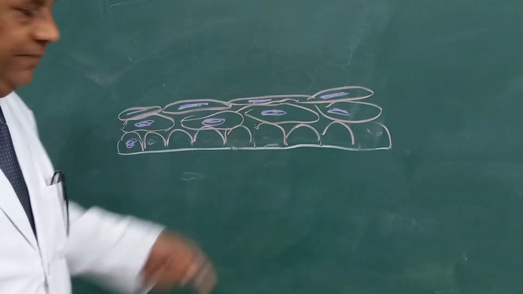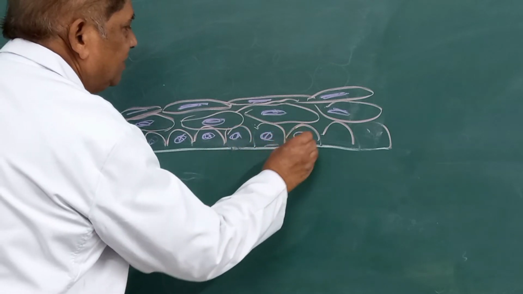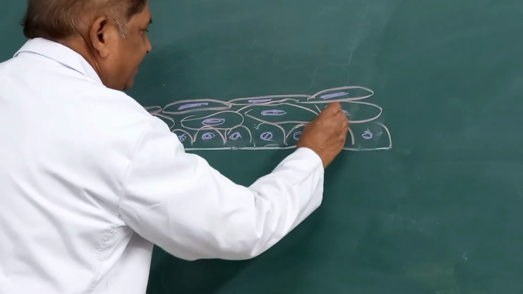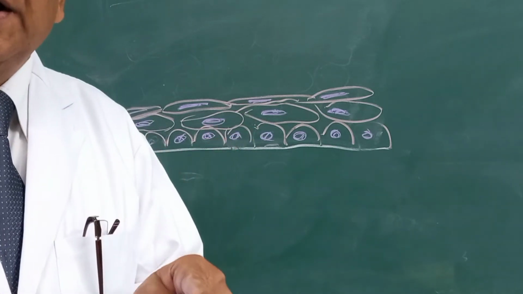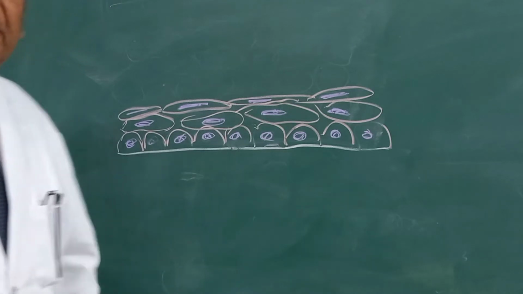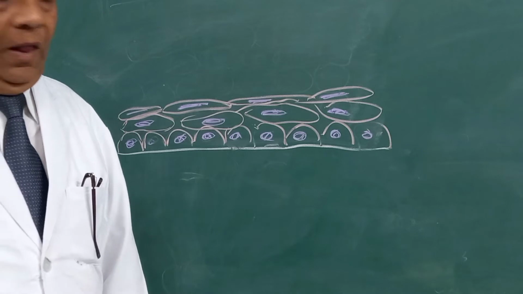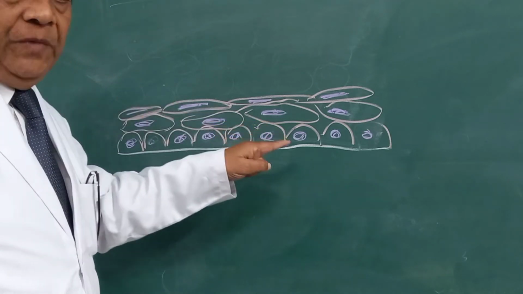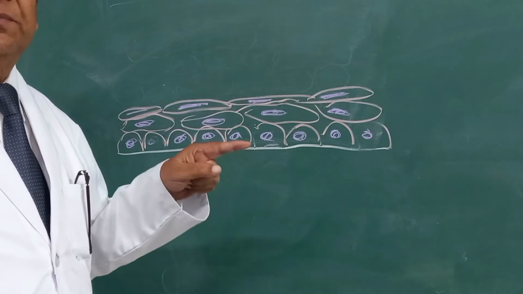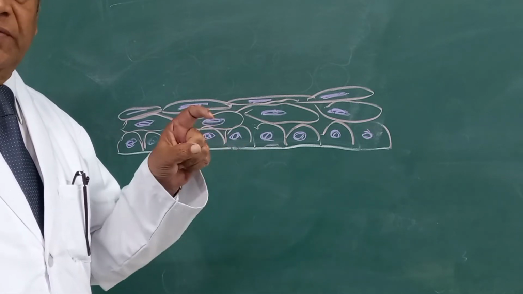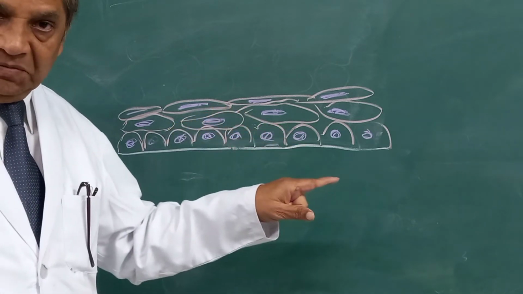So at this level, during this stretching, the transitional epithelium will be classified as a stratified squamous epithelium, because the topmost cells here are squamous in nature. So, in the urinary bladder, the transitional epithelium shape will keep on changing from stratified cuboidal type of epithelium to the stratified squamous type of epithelium.